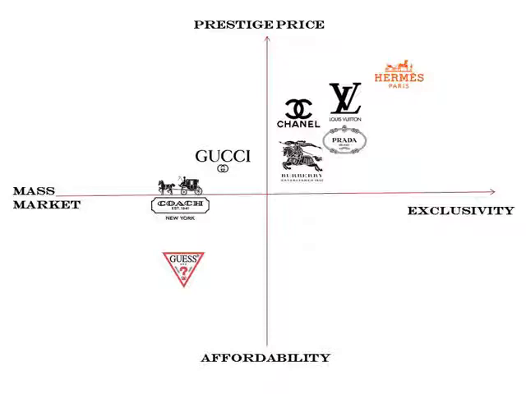So what you see on the map here is a visual of different higher end fashion brands. You can see that there's considerable saturation clustered in the prestige exclusive space. But Gucci, for example, commands a dominant position in a mass market prestige brand.